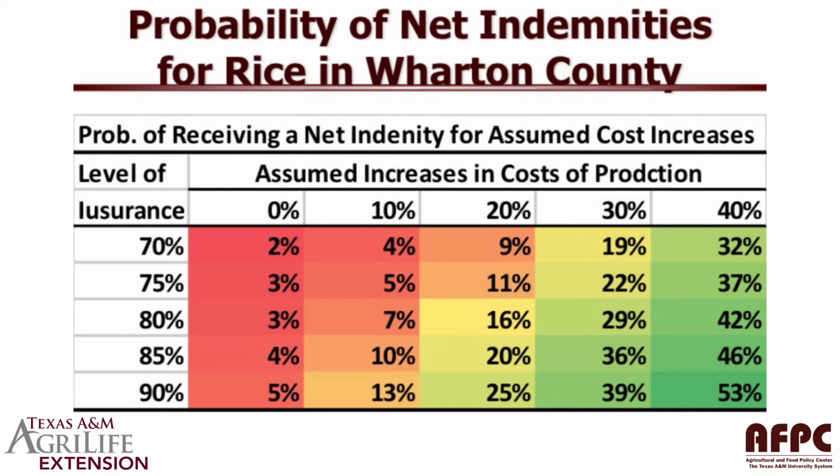Now, what are the probabilities of collecting a net indemnity that's positive? Under the no increase in cost of production assumption, it'd be about 2% at the 70% level and 5% at the 90% level. Okay, if we looked at a 20% increase in cost of production this year, at the 90% level, you've got a 25% chance that the net indemnity would be positive.